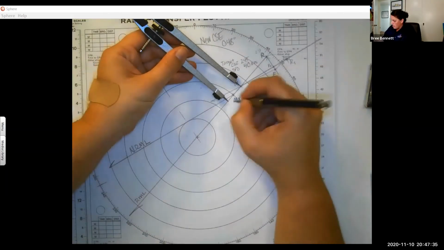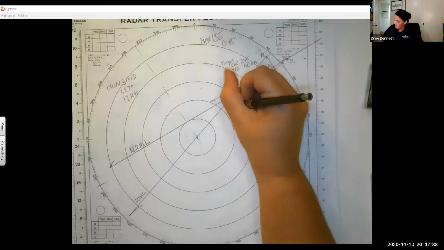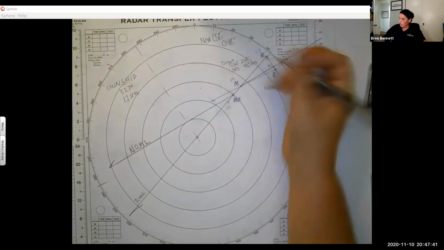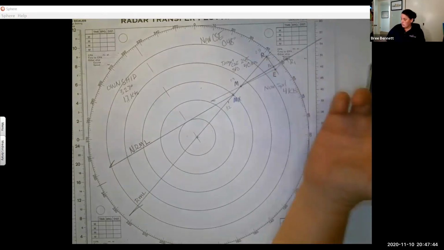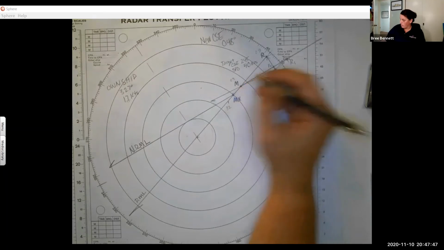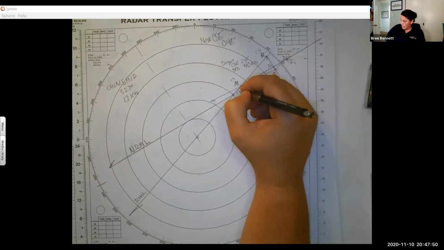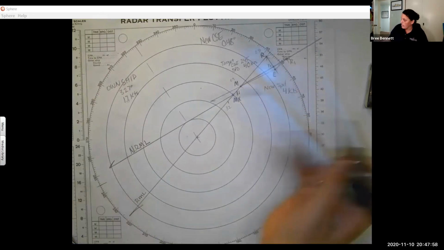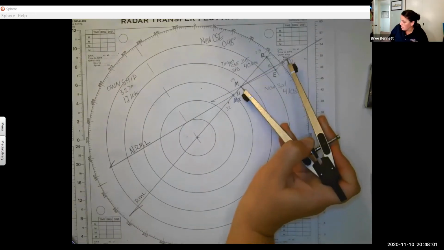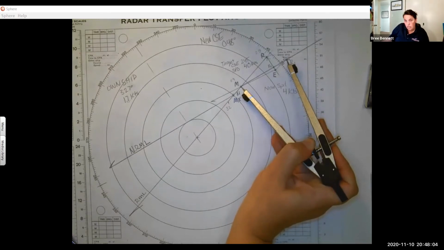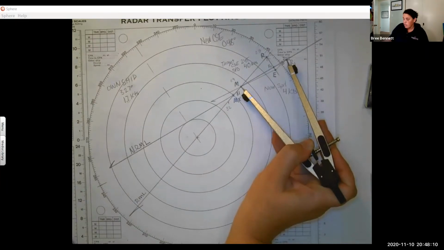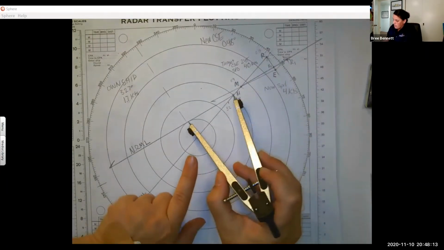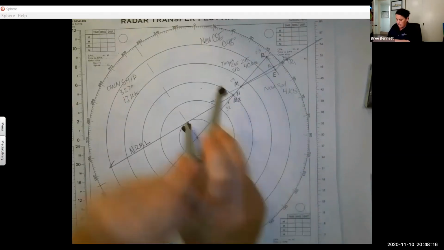So 3 minutes later, this is going to be at 32. So my MX, let's call it 31. My MX is at 31. And then I use my new relative motion line to get my new relative motion speed. So that new relative motion speed, R to R prime, is the speed that I'm using. So if this is 31, this is 6 minutes later.